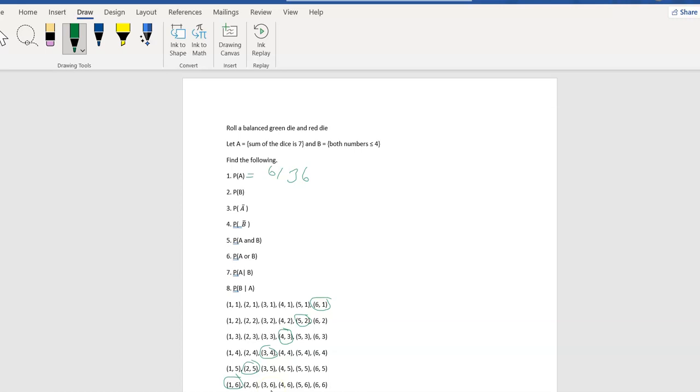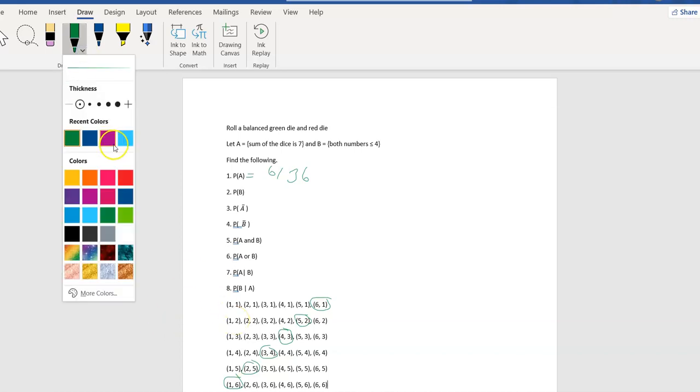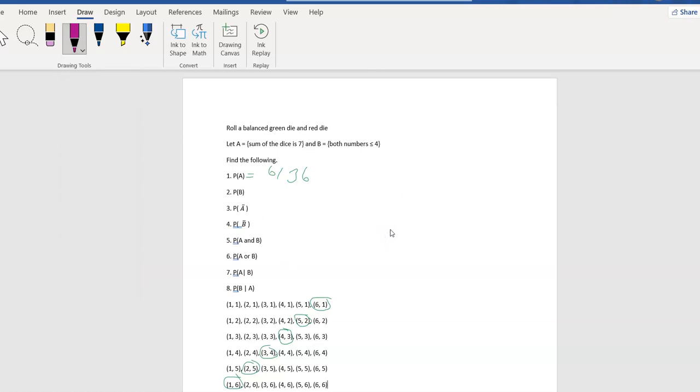All right, now B is the event that both numbers are less than 4. Now I'm going to change my colors and we'll see why in just a minute. Let's see where both numbers are less than 4. Both of them are less than 4 here. Now here one of them is 4, so we don't want that one, but we want less than 4.